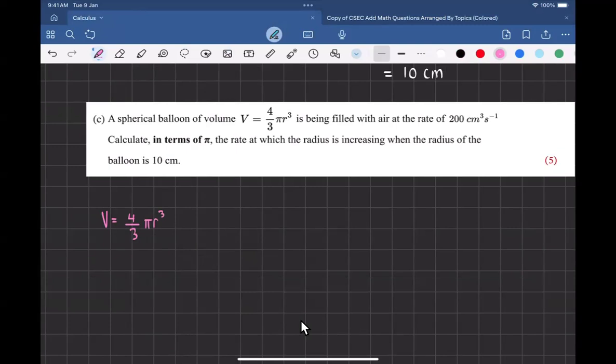And what is the other key piece of information? Rate is equal to, don't just say rate. You have to tell me the differential. A spherical balloon is being filled with air at a rate of 200 centimeter cube per second. What does 200 centimeter cube per second mean? That's what over what?